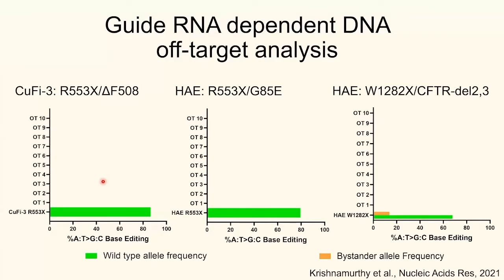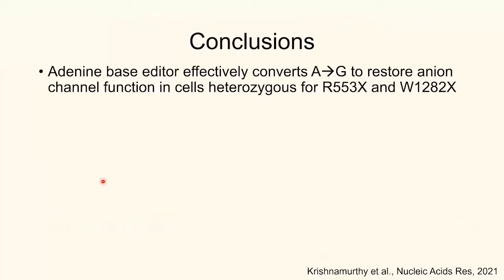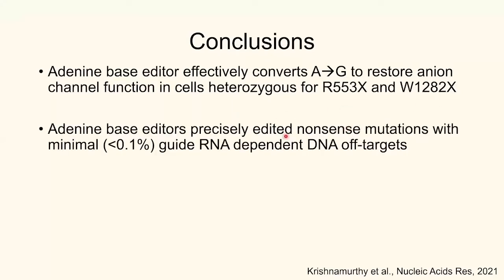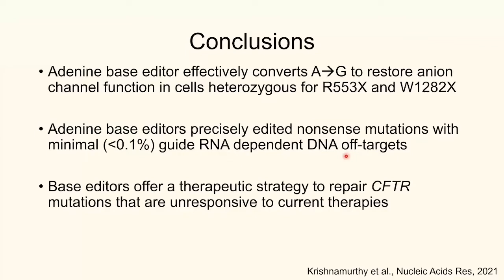To conclude, adenine-based editors effectively convert an A to T base pair to a G to C base pair in our human airway epithelial cells heterozygous for R553X or W1282X, ultimately restoring anion channel function. And it does so precisely with very little guide RNA-dependent DNA off targets. So overall, base editors offer a therapeutic strategy to repair CFTR mutations that are not responsive to the current CF therapies.